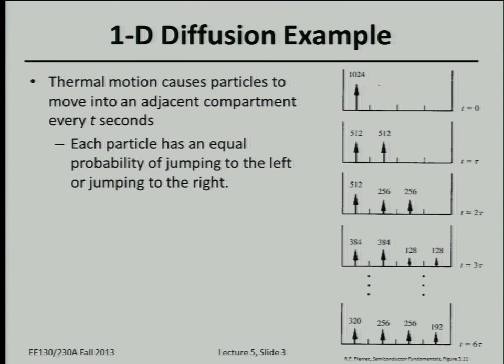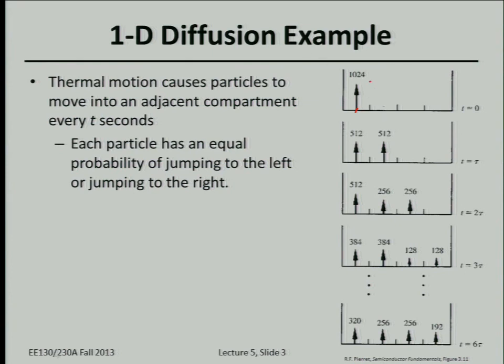Initially, at t equal to 0, we have a quite non-uniform distribution of particles. For example, over 1,000 carriers occupy the very left point. In 1D, each particle can jump to the right or to the left.